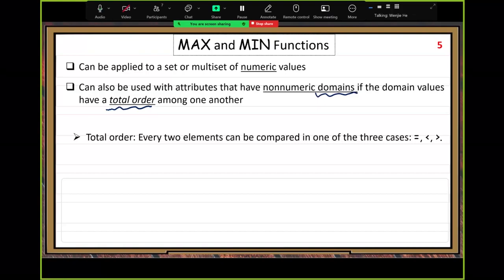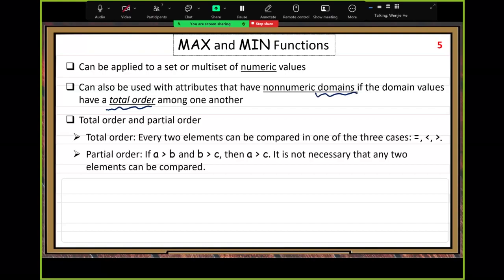Here most of our domains have a total order, so we can compare.